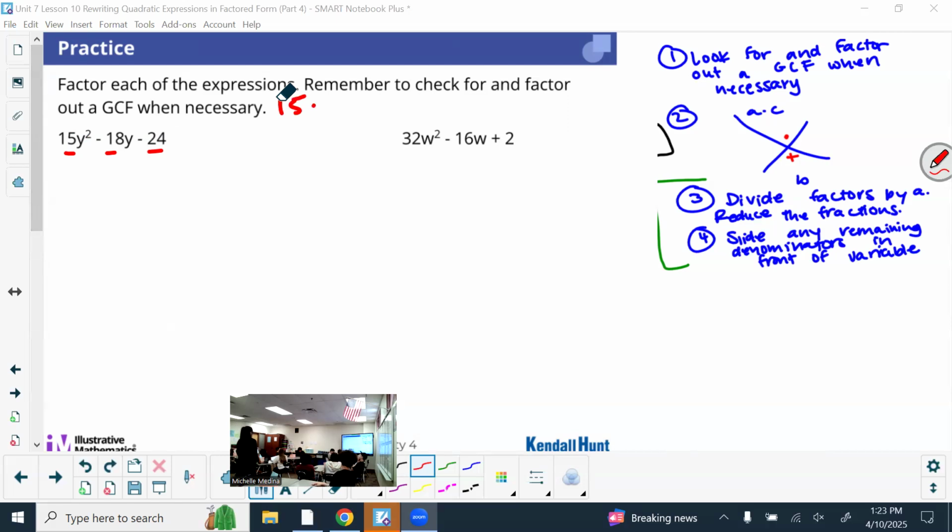So here are all the factors of 15. 15 is not divisible into each of them, so go down the list from greatest to lowest. 5 is not divisible into each of them. But 3 is divisible into each of them. So 3 is my GCF, which we practiced yesterday too.